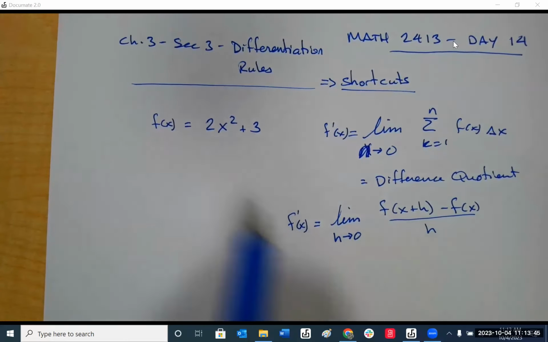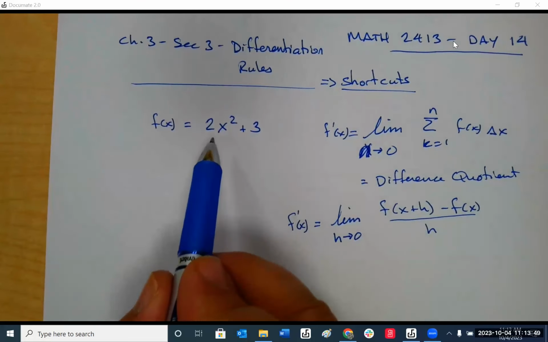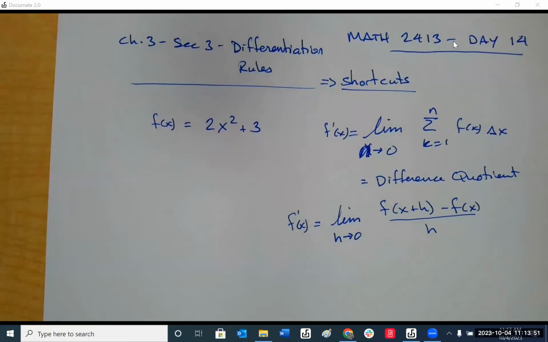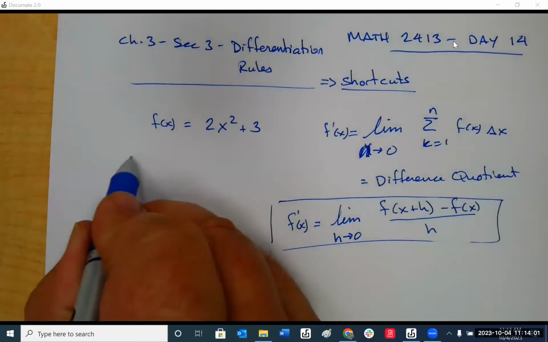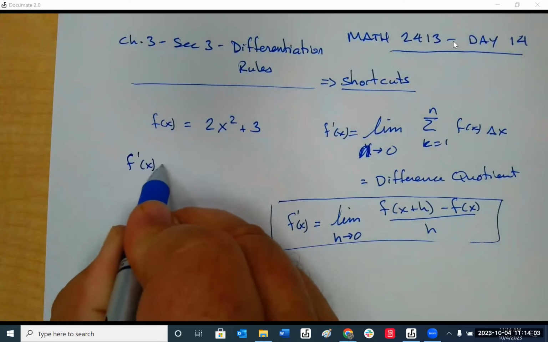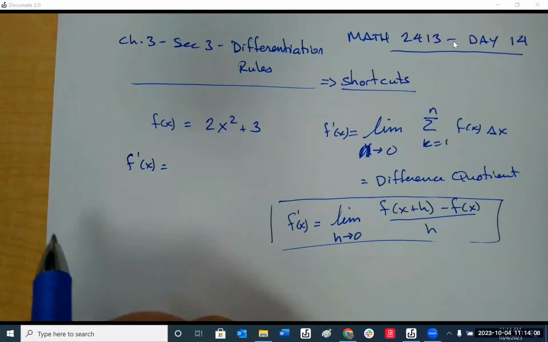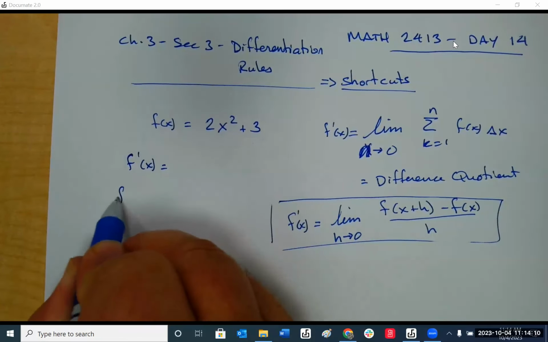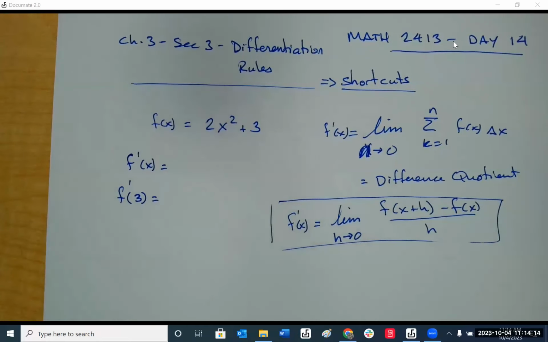So for the last time, let's do the difference quotient for this equation to find the slope, and then I'm going to show you the shortcut. Use this formula here. Find me the first derivative at x equals 3.